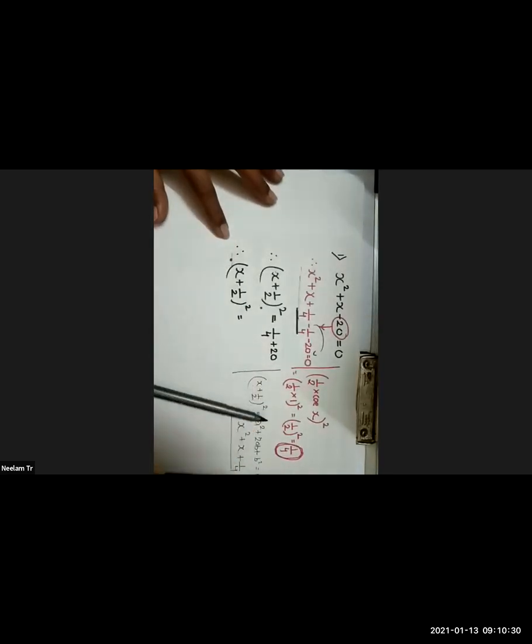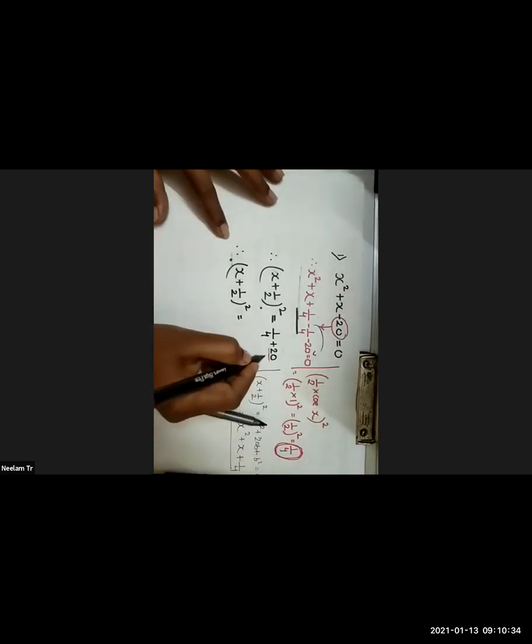This is my third step. Then x plus half the whole square is equal to, nothing is there, it means in the denominator it is 1. I hope you all know. Okay, so 1 ones are 1.